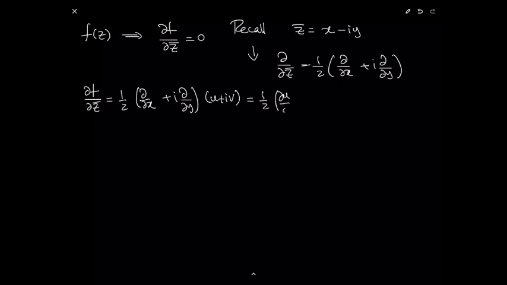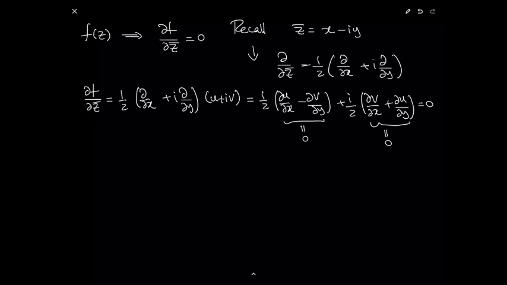I group the bits which aren't multiplied by i, and I get this. And then I group the bits that are multiplied by i, and I get this. And that's equal to 0. But for that to be equal to 0, that has to be equal to 0, and that has to be equal to 0. But that's nothing more than the Cauchy-Riemann conditions.